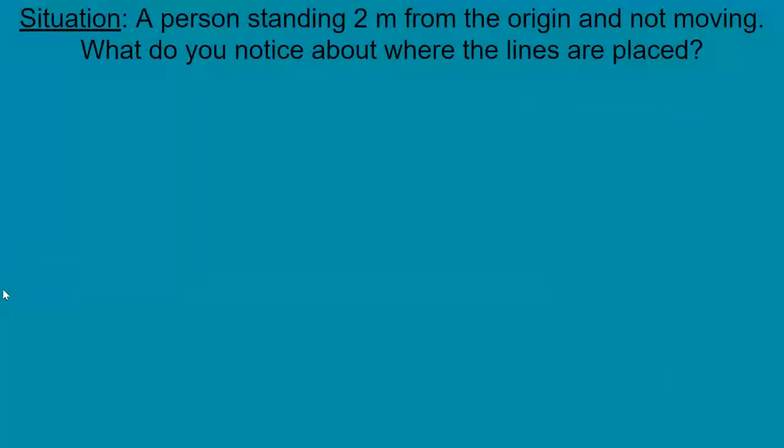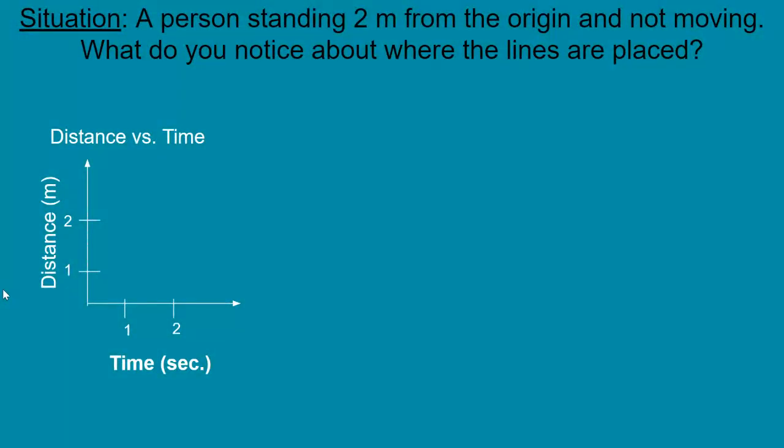So let's look at a situation here. A person is standing 2 meters from the origin and not moving. We want to think about the lines that we'll have on our graphs. Again, let's think about a distance versus time graph. They're standing 2 meters from the origin and they're not moving. So we're going to initially have this line here. That's just a horizontal line because their distance is not changing over time. Their velocity is 0 meters per second.